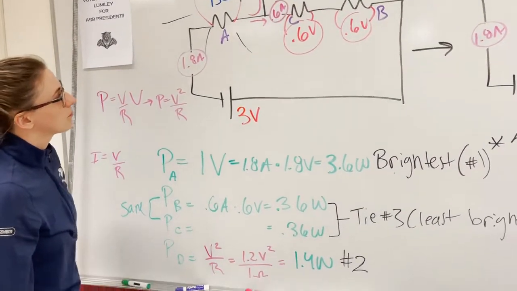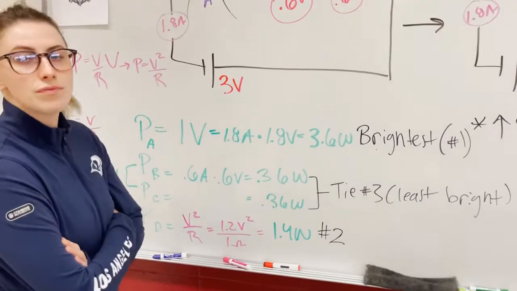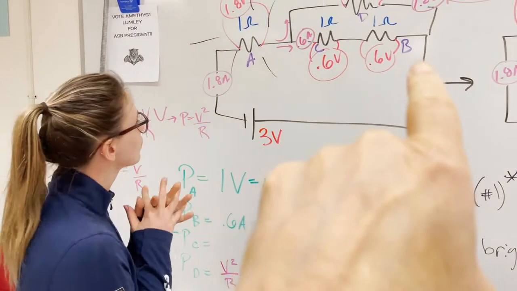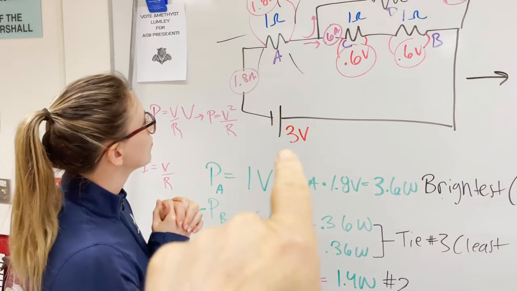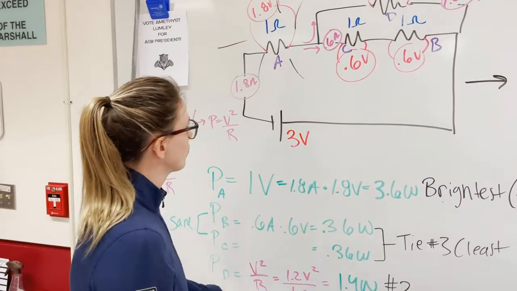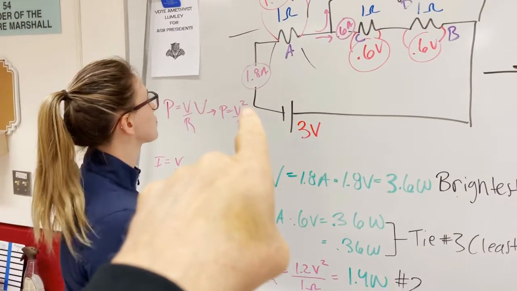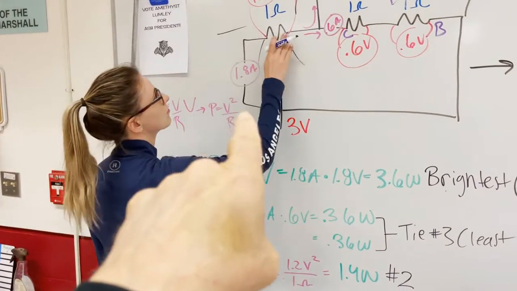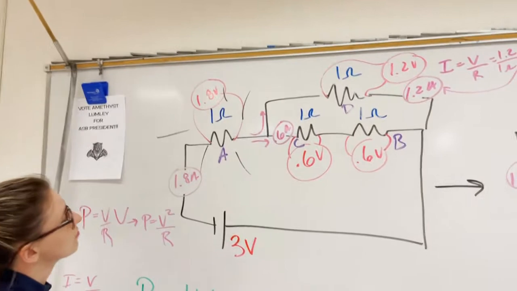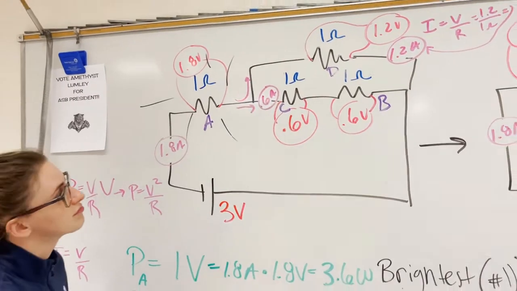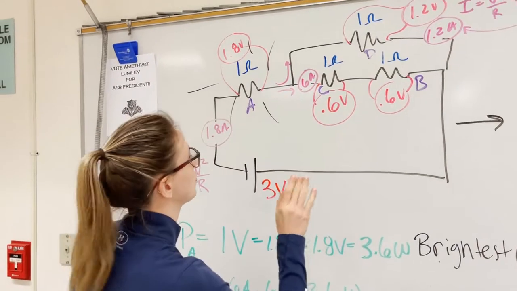If you've got 3 one-ohm resistors in series, the total resistance is 3 ohms. If you've got 3 volts, what's the current? It's going to be 1 ampere. So it goes from 0.6 of an amp through these two to 1 ampere.